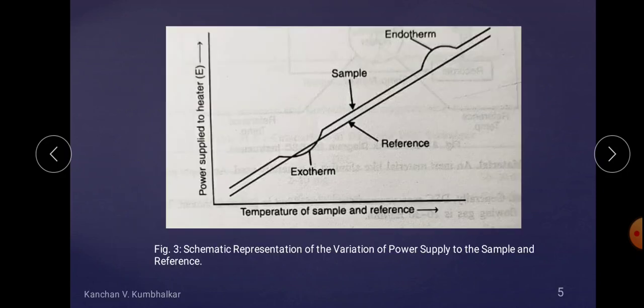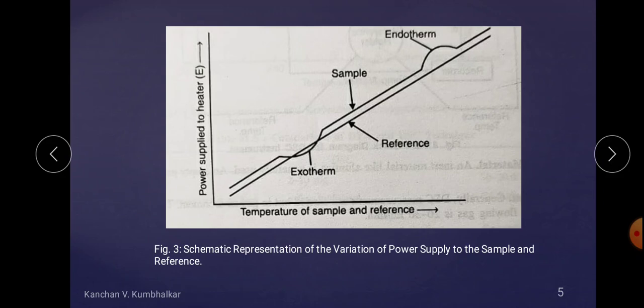So let's start with figure number 3, which is a schematic representation of the variation of power supply to the sample and reference. In this case, we are comparing the reference and the sample compound.